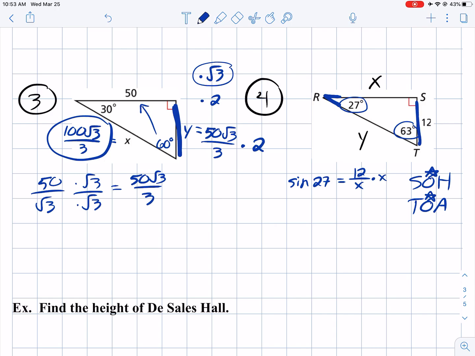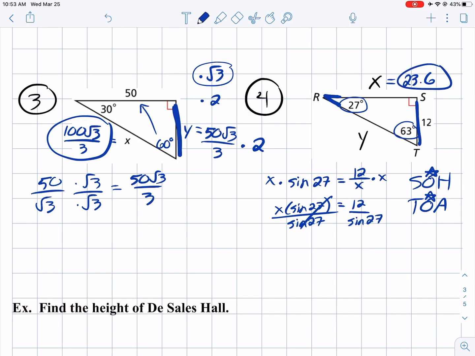Multiply both sides by x. We get x times the sine of 27 equals 12, and we're going to divide the sine of 27 over. Punch that into your calculator on Desmos. Use Desmos Scientific. We get x equals 23, and just round to the nearest tenth, guys. 23.6.